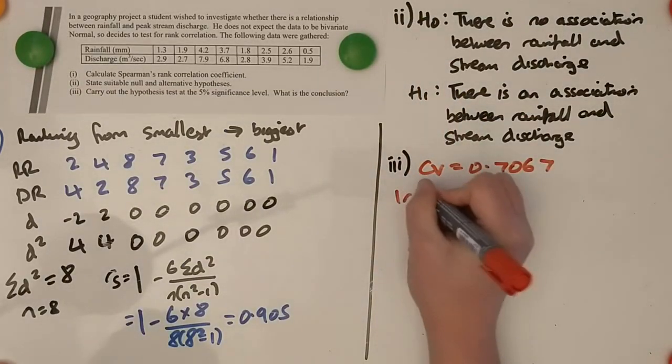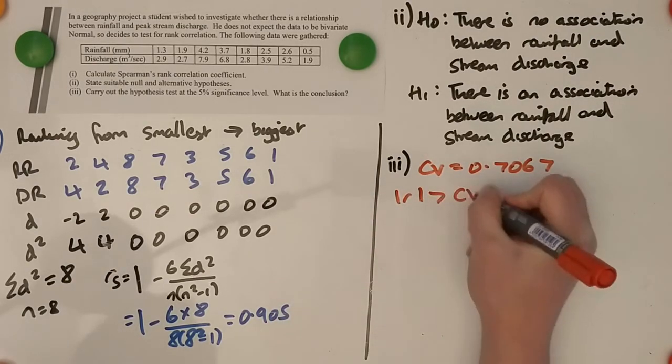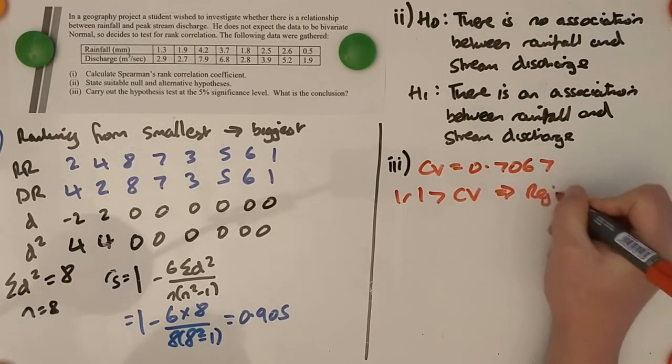Okay, my value of rs is bigger than my critical value. That means I am rejecting H0.